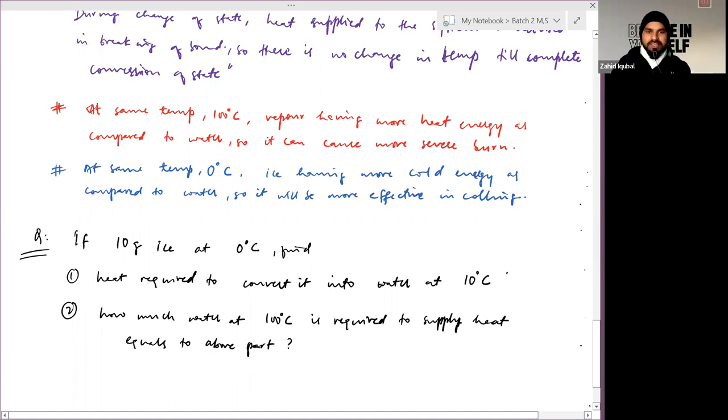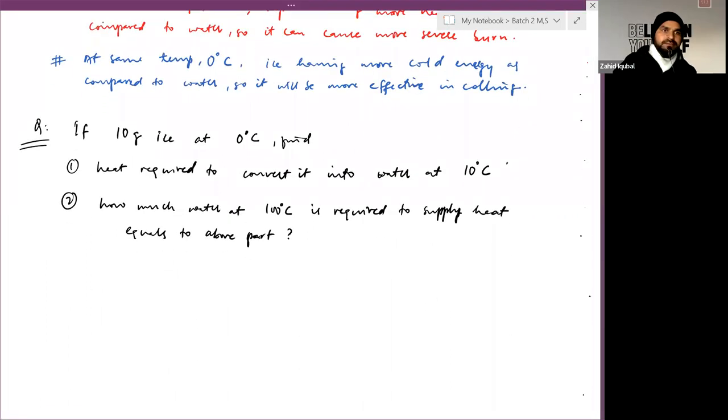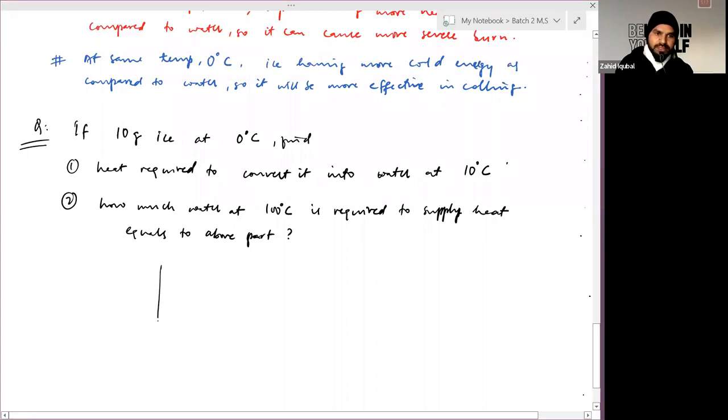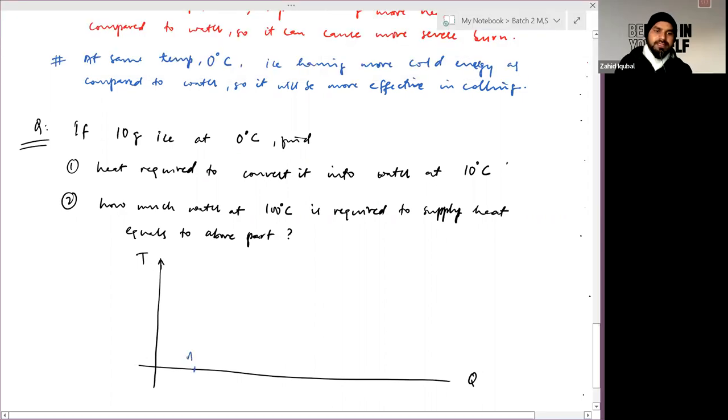Let me define how to simplify it. First, draw the graph related to this whole process. This is Q versus temperature. Initially, we have ice at 0 degrees Celsius, at this point, let's say A. So first it will convert into water to reach this point B. This amount of heat, let's say Q1, must be to change state from ice to water.